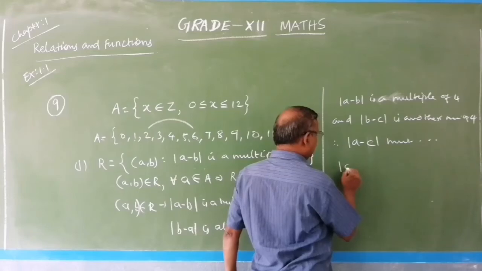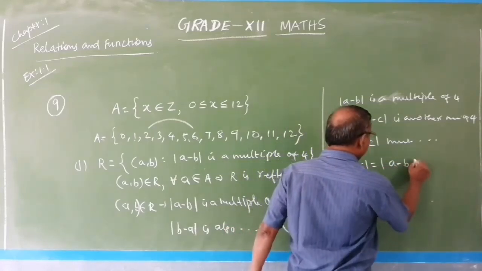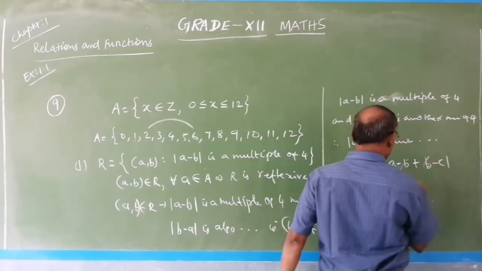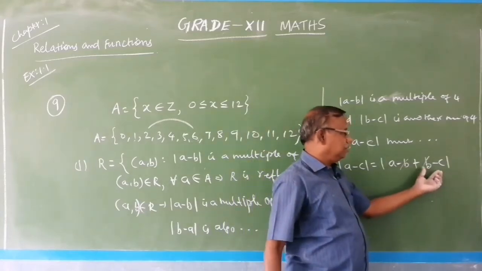That is, A minus C is nothing but A minus B plus B minus C, which is equal to A minus C. So the sum of two multiples of 4 is a multiple of 4.